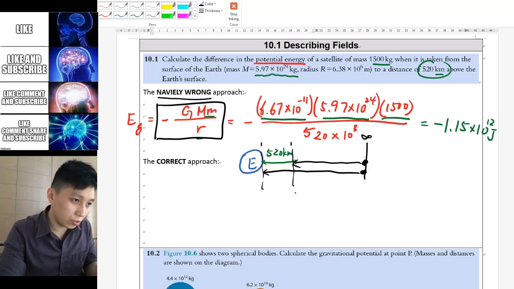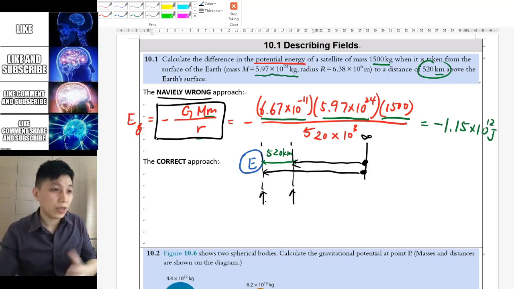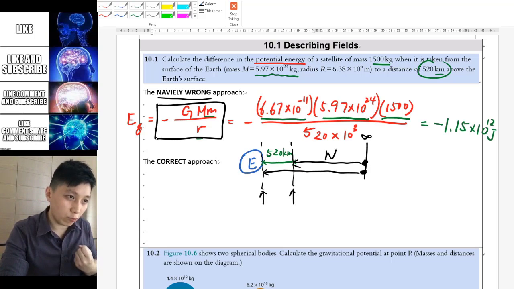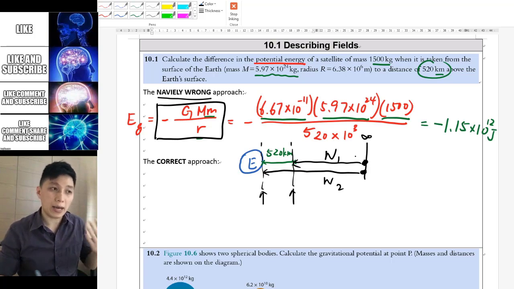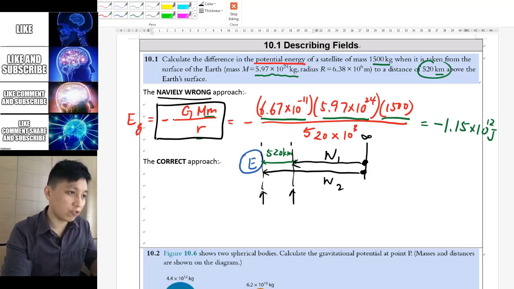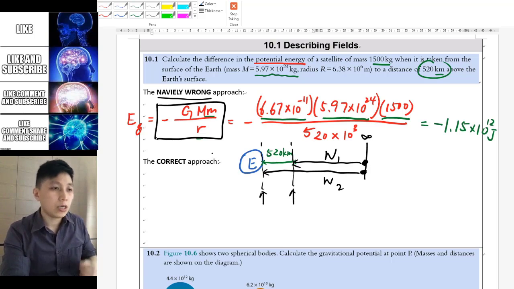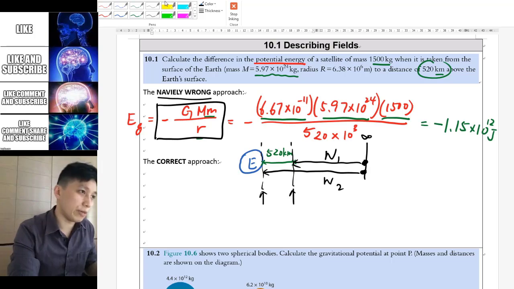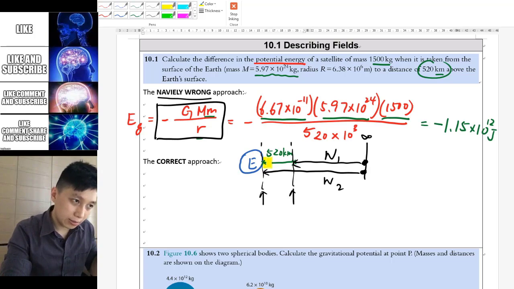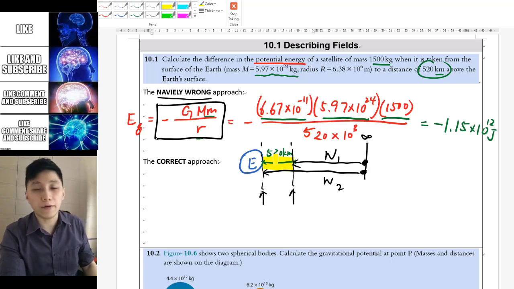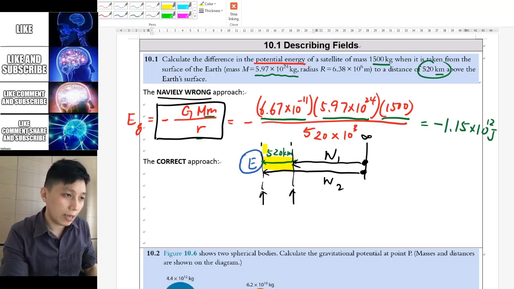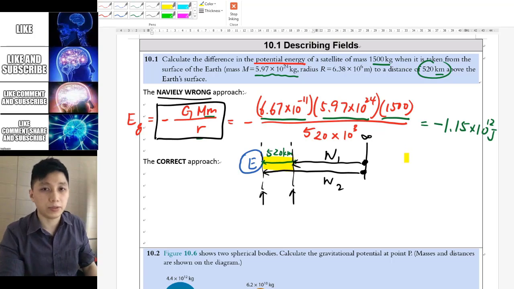One is the position here, and another is the position here. Each of these involves a work done, 1 and 2, given by the equation negative GMm over R. If you calculate them separately and subtract them, you will be able to find the difference of the energy that you need to carry the object from the surface of the Earth to that particular position.